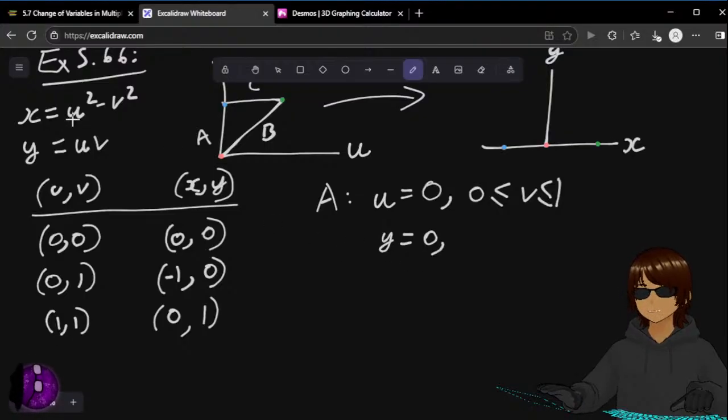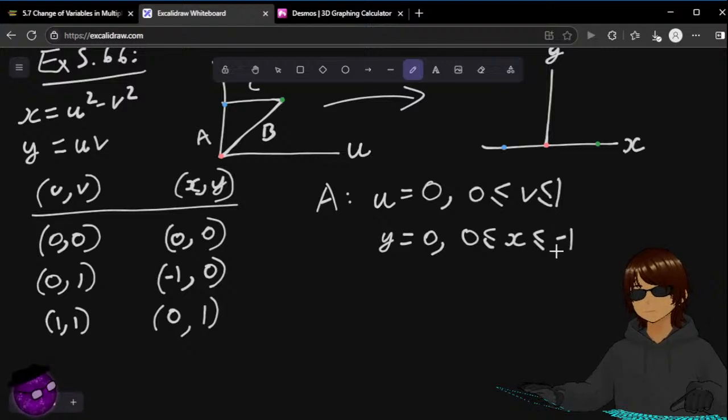And from 0 to 1, x would go from 0 all the way till -1. (0, 0) to (0, 1): y is equal to 0 and x will go all the way.